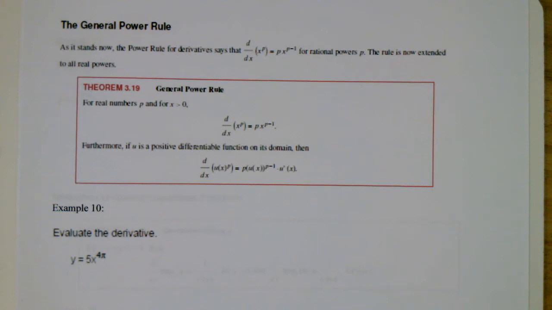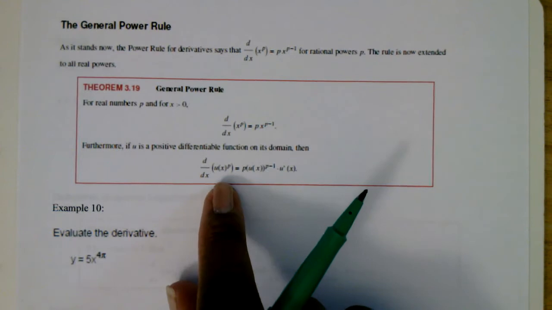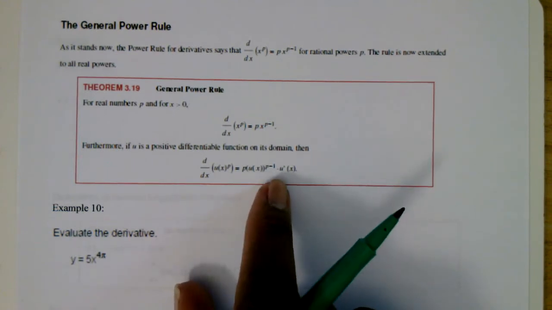The derivative with respect to x of x to the p is going to be p times x to the p minus 1. Just simply bring the power down, and copy over the x to the one less power. And if you have a differentiable function like u, a positive differentiable function on this domain, then we apply the chain rule.